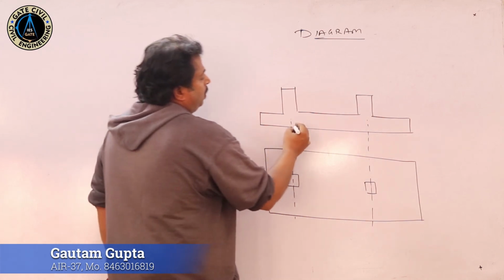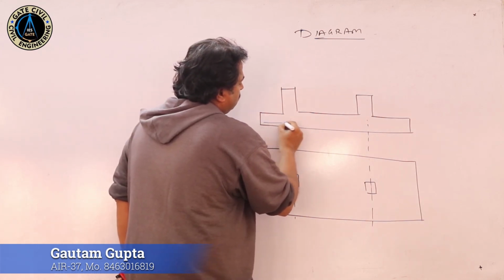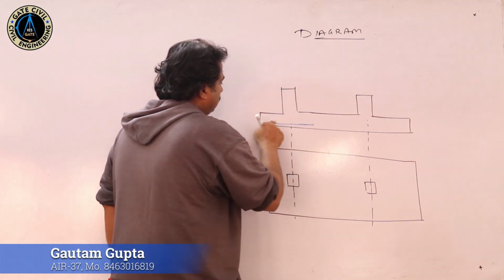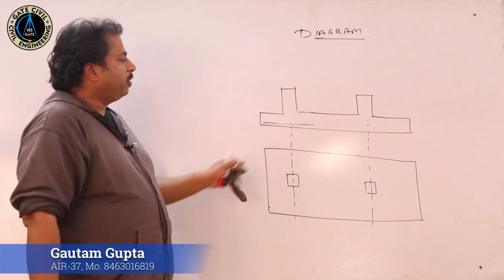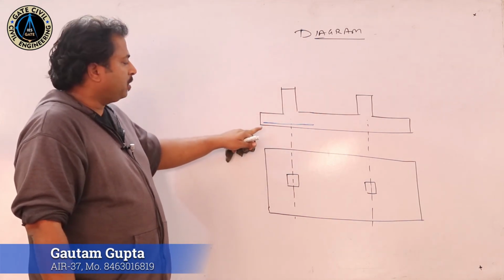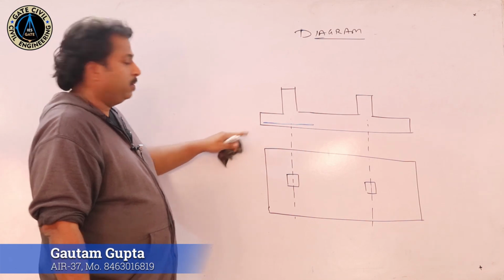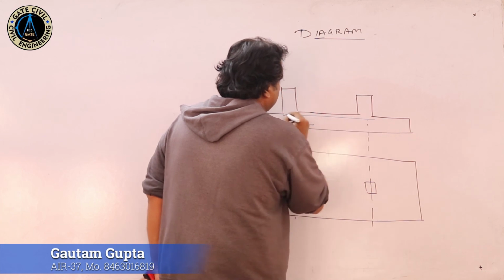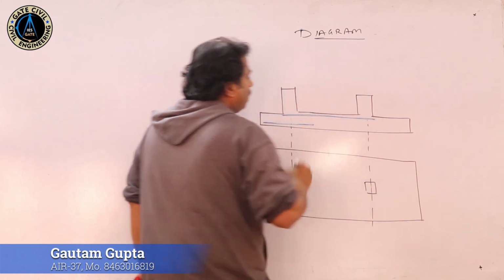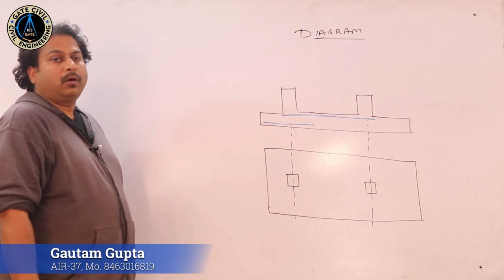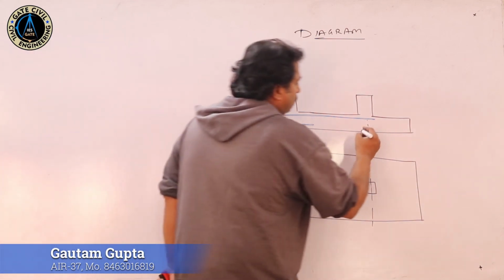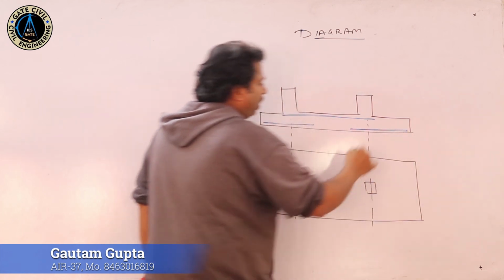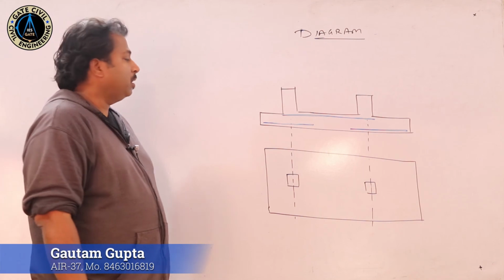So, at this particular location, where we have a sagging moment in the longitudinal direction, we either provide AST1 or the minimum reinforcement. For the hogging part, we provide AST3 or the minimum reinforcement. And for this part, this is also the sagging part, we provide AST5.